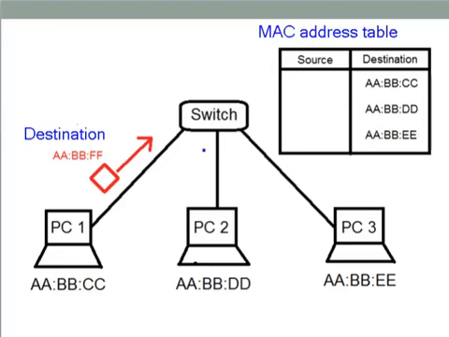So what the switch will do is simply send the frame to all other devices in this network except the original device, because this is where the original frame comes from. So it will send the frame AA:BB:FF to PC2 and PC3, and hopefully one of them will be the correct destination for this frame.